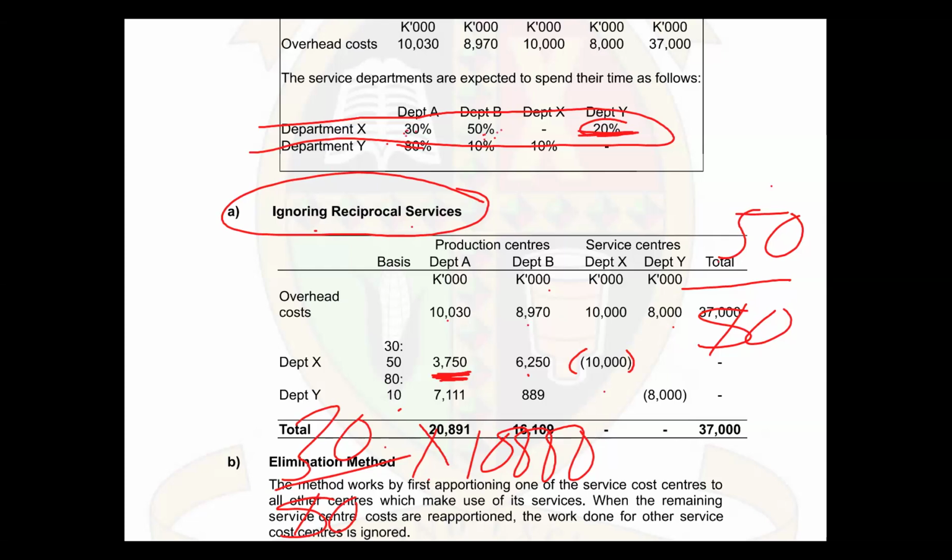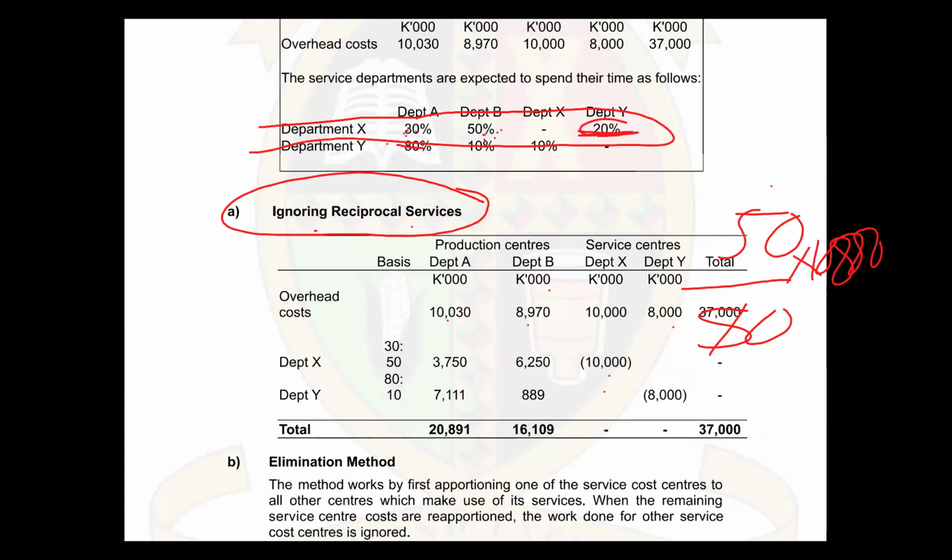So 50 over 80 multiplied by 10,000. What do you get? Obviously, you should be able to get 6,250, right? So this 10,000 is done. It has all been reapportioned. After doing this reapportionment, you will notice that now in department X, there is nothing.